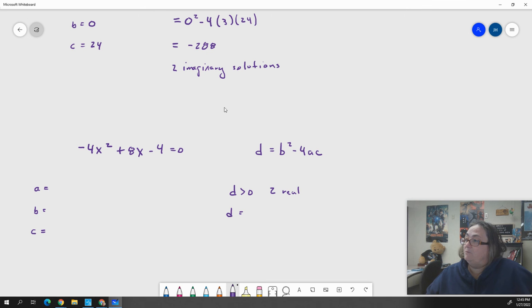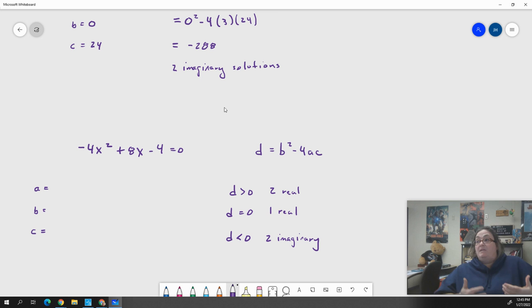If D is equal to 0, you have 1 real. And if D is less than 0, you have 2 imaginary. So I want you to solve that problem. I want to see what you get in terms of solutions when you plug those numbers in.